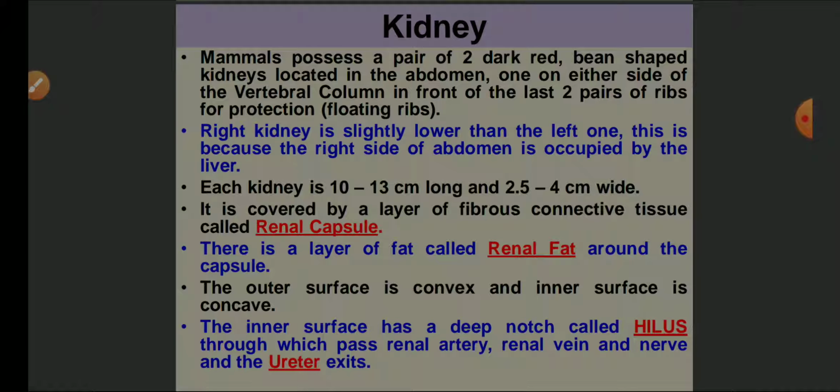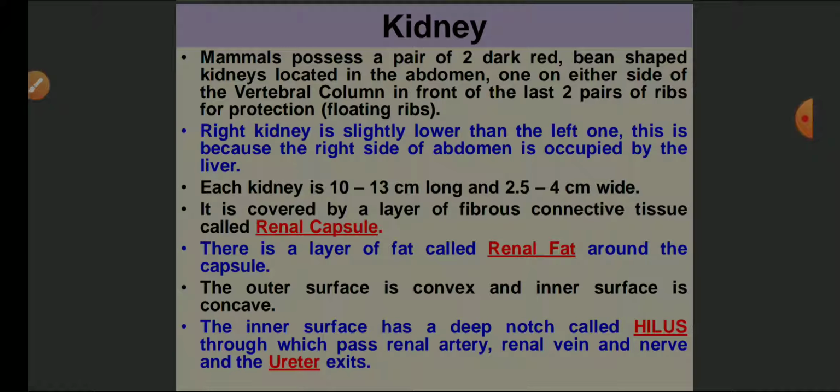This is because the right side of the abdomen is occupied by the liver. Each kidney is about 10 to 13 cm long and 2.5 to 4 cm wide. It is covered by a layer of fibrous connective tissue called the renal capsule. There is a layer of fat called renal fat around the capsule which acts as a cushion.